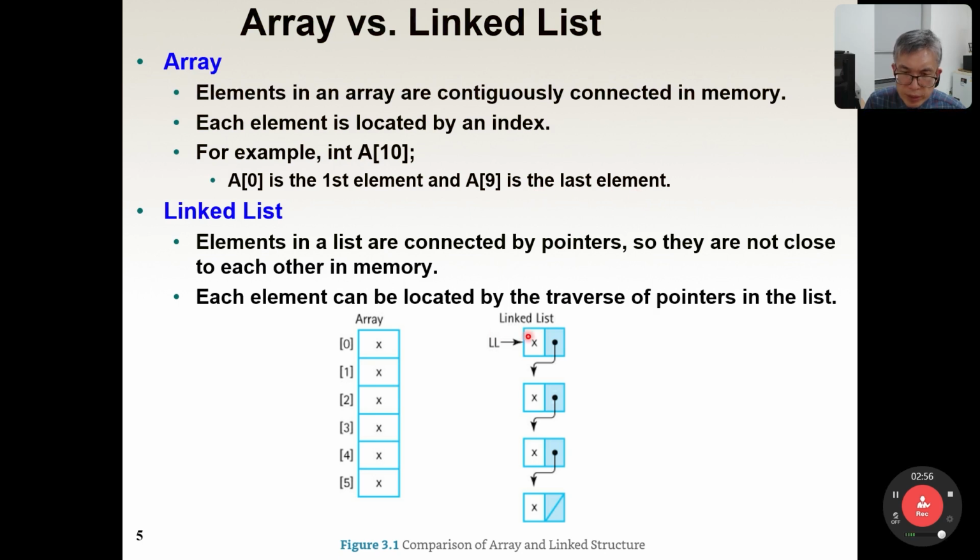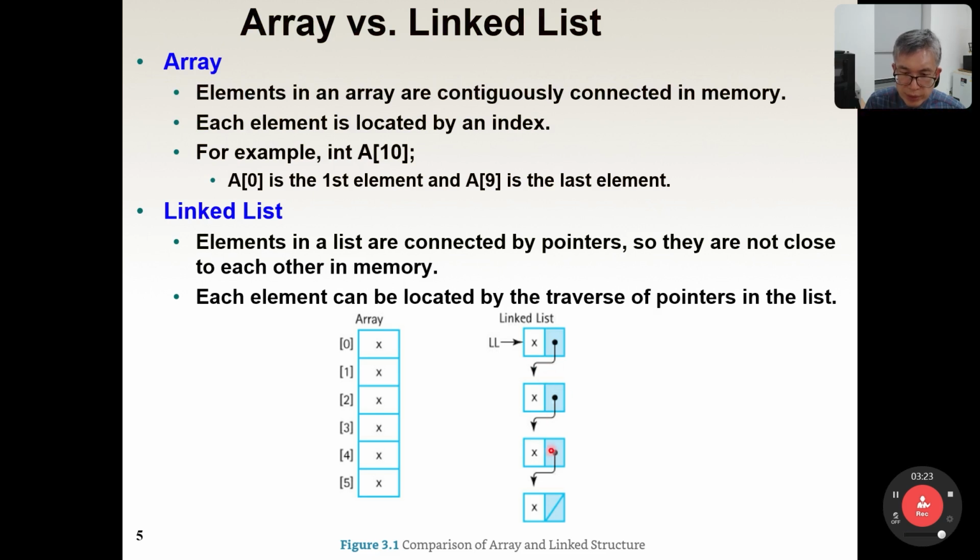On the other hand, in the linked list case, the nodes in memory are linked to each other. The LL pointer points to the first node of the linked list, and here is the value, and this next pointer points to the next node in the linked list.